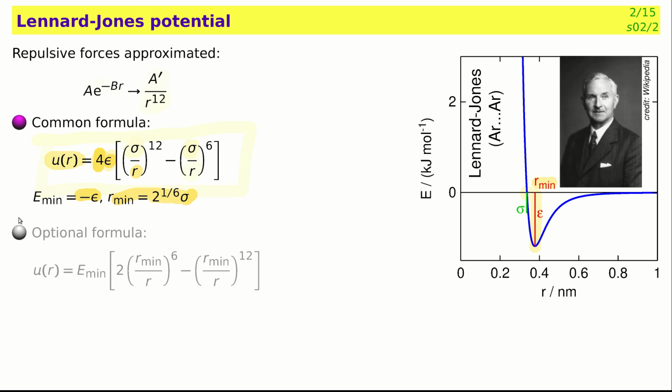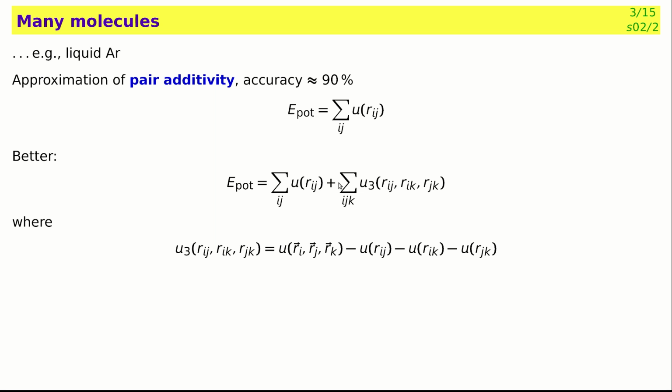It is possible to express the same principle by another formula, but this one is much more common. So this type of potential, like Lennard-Jones or X6, is the main part of any atom-atom interaction in any force field.